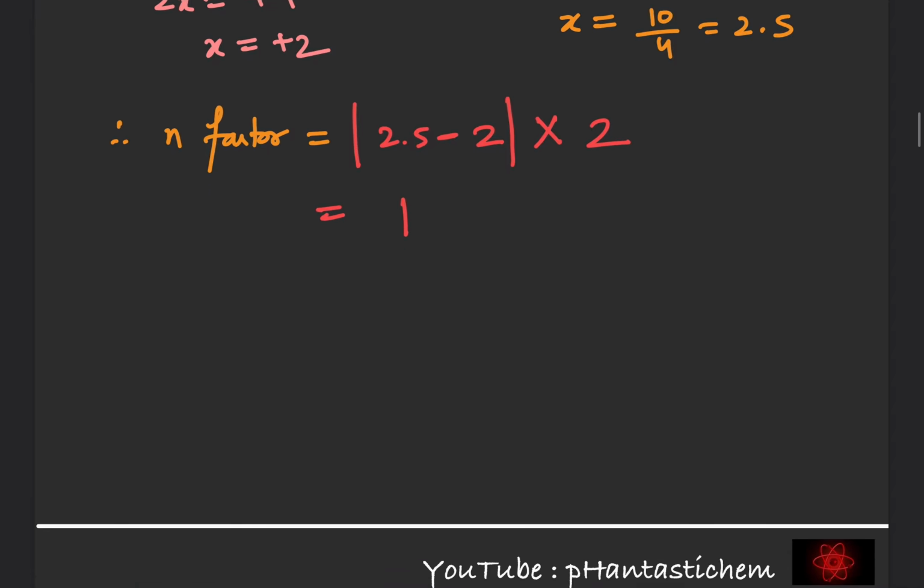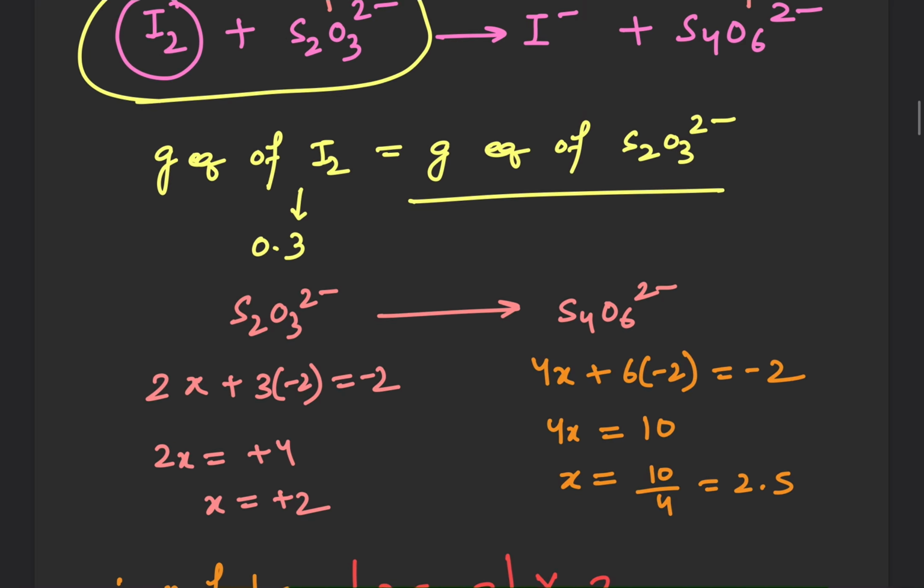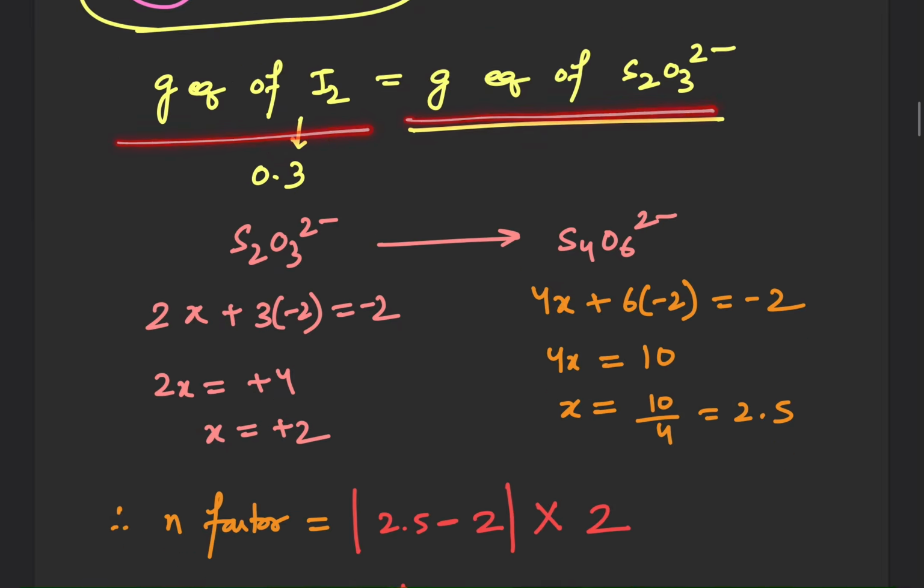Okay, so therefore the gram equivalents of S2O3 2 minus will be equal to 1 into x molar, which we are supposed to calculate, and 300 ml volume, so 300 by 1000. So this will be equal to 0.3, because at the end point we have already mentioned that gram equivalent of thiosulfate ions will be equal to gram equivalent of I2.